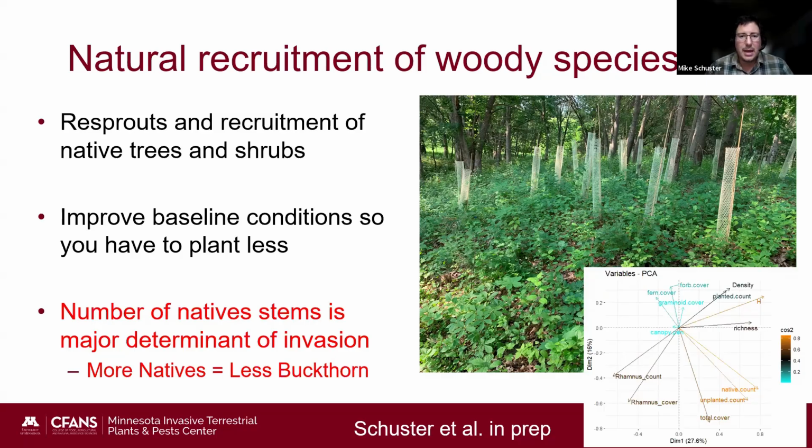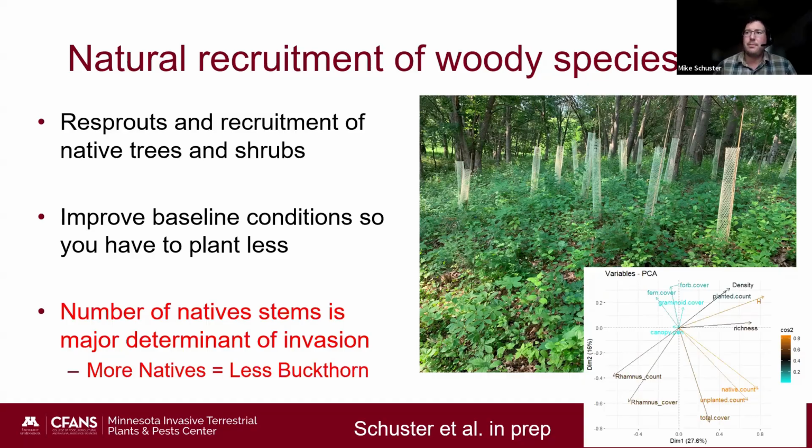And from work that we've done using a combination of natural regeneration and planting, we found that the most important thing is just having native species there, right? It doesn't matter if they were the ones that we planted or not, total stem density was the thing that mattered. And more native species, more native stems meant less buckthorn stems.